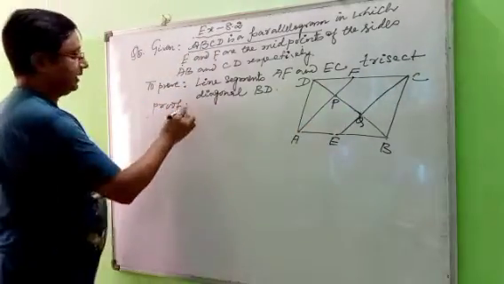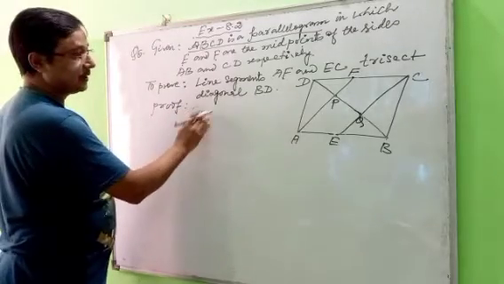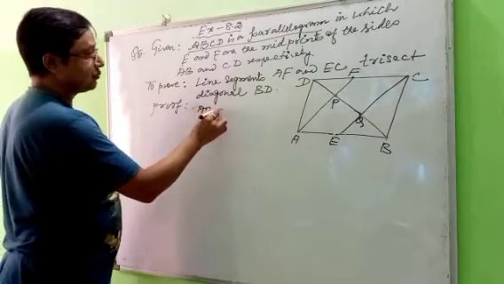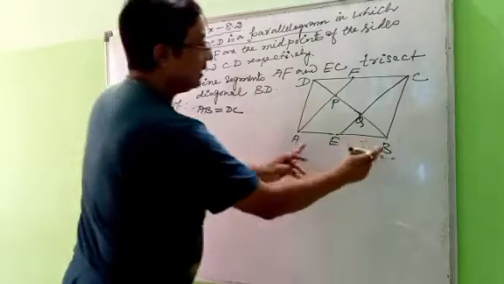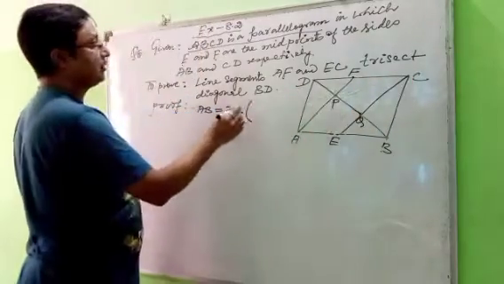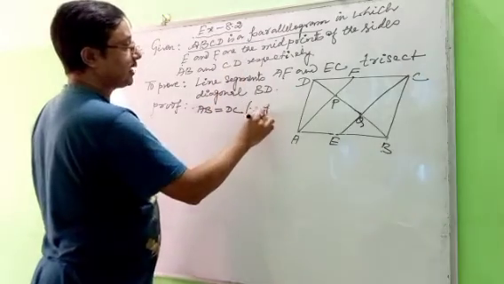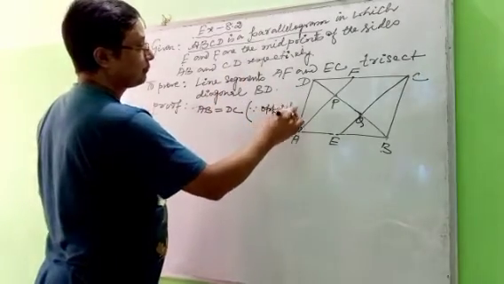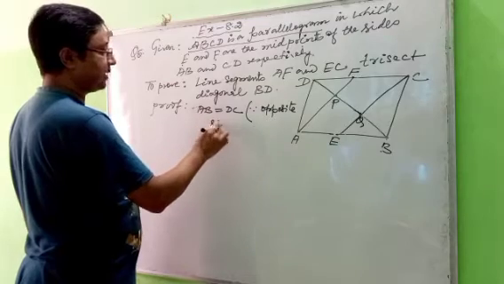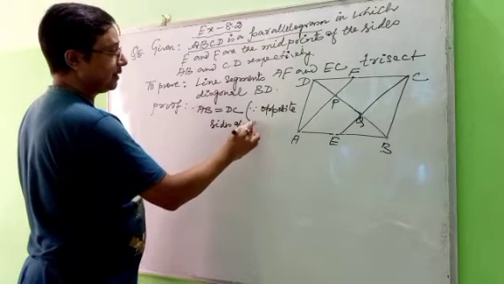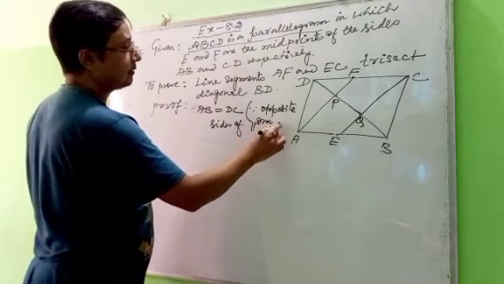So now first here, AB equals DC. Why? Because here ABCD is a parallelogram, since opposite sides of a parallelogram are equal.